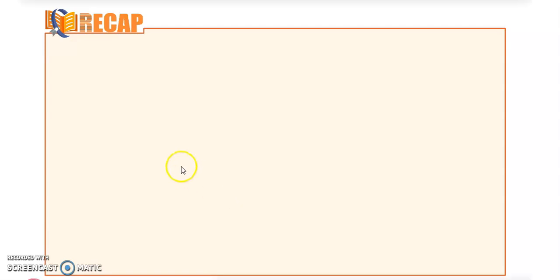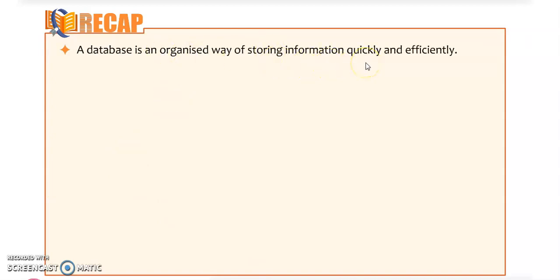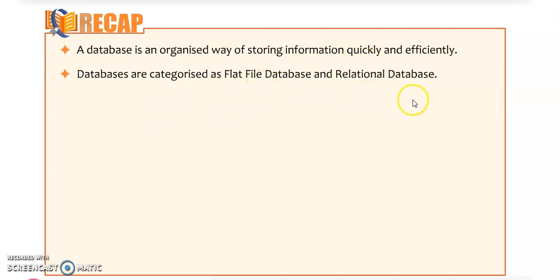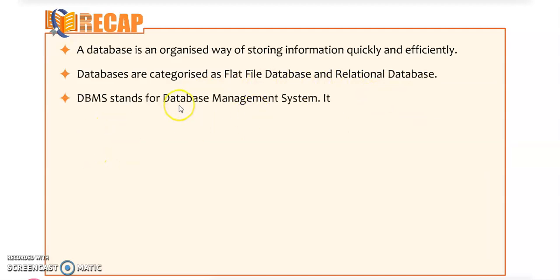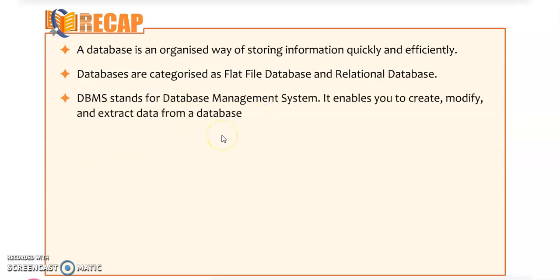Now I will revise some recap points for you about Access. Database is an organized way of storing information quickly and efficiently. Databases are categorized as flat file database and relational database. DBMS stands for Database Management System. It enables you to create, modify and extract data from a database.